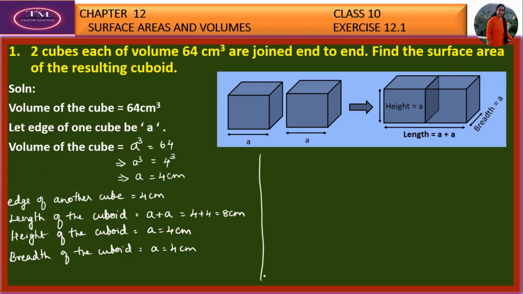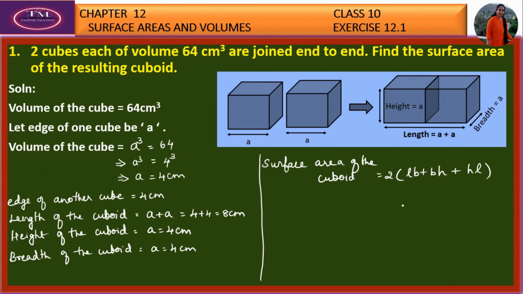What do we have to find? We have to find the surface area of the resulting cuboid. The surface area of the cuboid has the formula 2 into (LB plus BH plus HL).